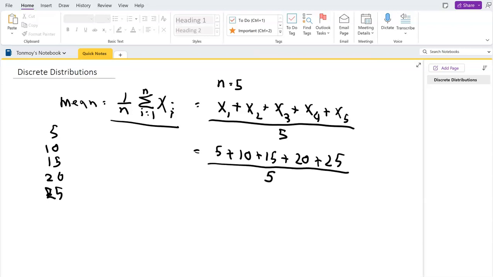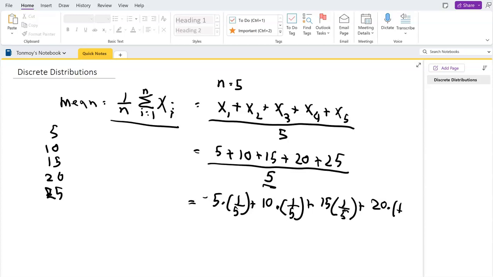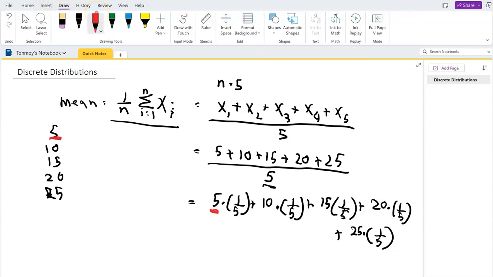Now, if I spread this denominator around, I could write it as 5 times 1 over 5 plus 10 times 1 over 5 plus 20 times 1 over 5 plus 25 times 1 over 5. So if you look at this, each of the numbers has some kind of a weight with it.